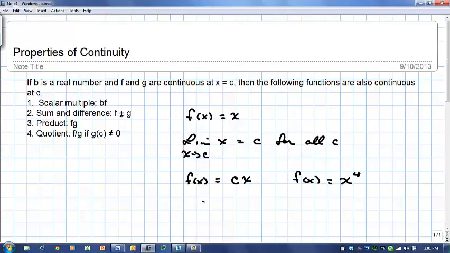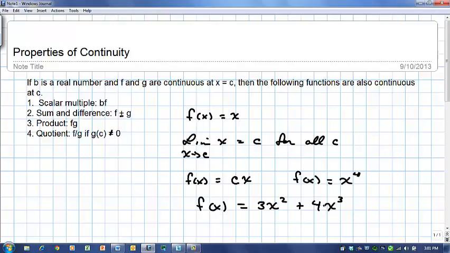So if I have f of x is equal to 3x squared plus 4x cubed, this would be continuous as well, because x squared is the product of two continuous functions. 3 times x squared would be a scalar multiple times a continuous function, which is this. And then this is the sum, and the same thing here, this would be continuous.